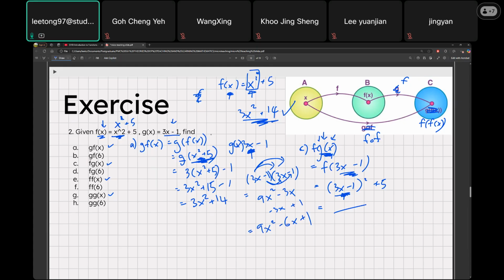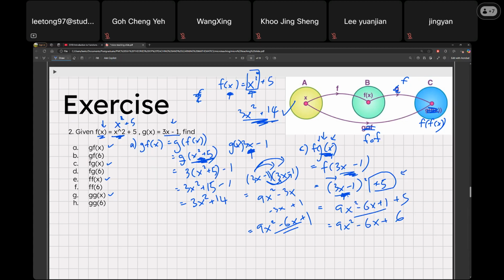But this has not yet ended, so we only get this part, where we still have the plus 5. So 9x squared minus 6x plus 1, and this plus 5. So 9x squared minus 6x plus 6. And maybe we can try to factorize the final answer.